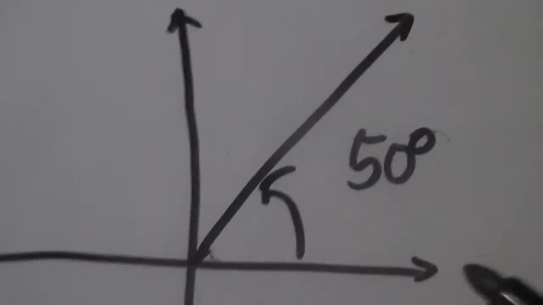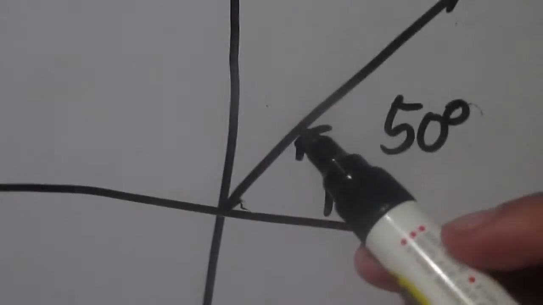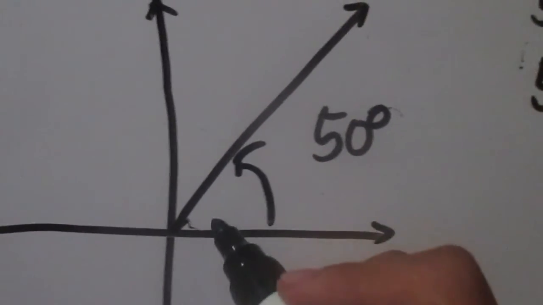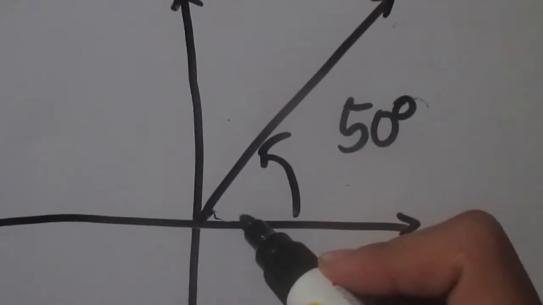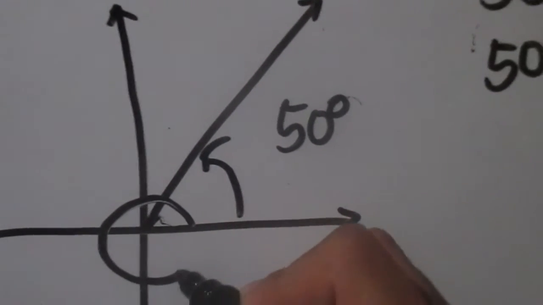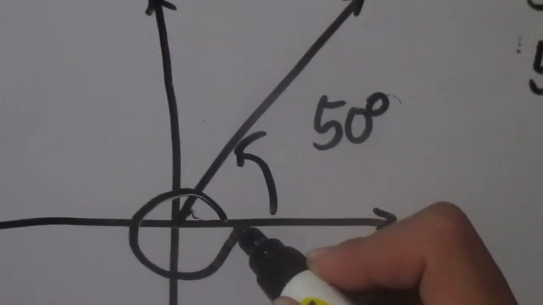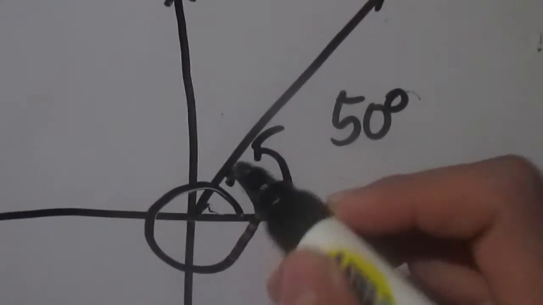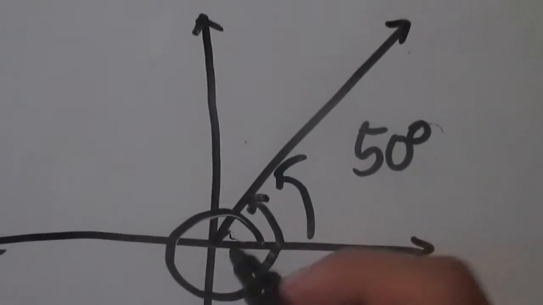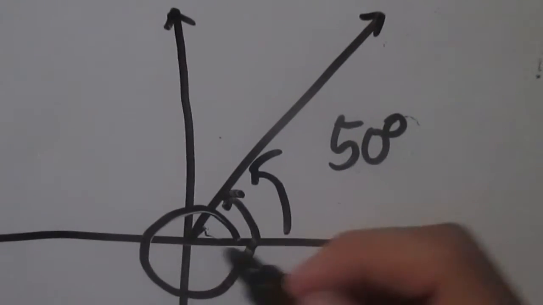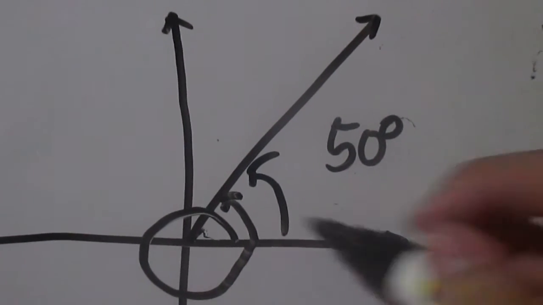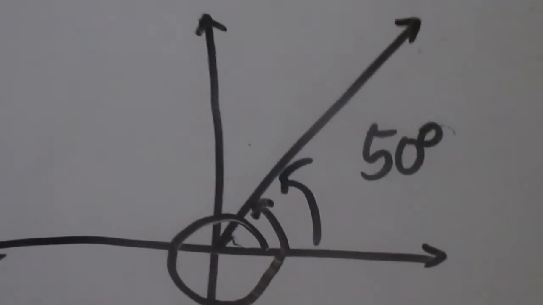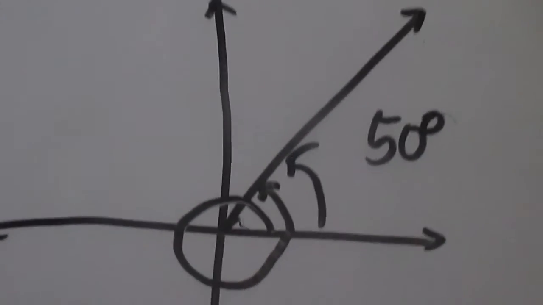So let's see. If this one is 50 degrees and the positive coterminal angle is 410, we have this one. So 1 revolution is 360 plus 50, that's 410. So they have the same initial side and terminal side. How about the negative 310 degrees?